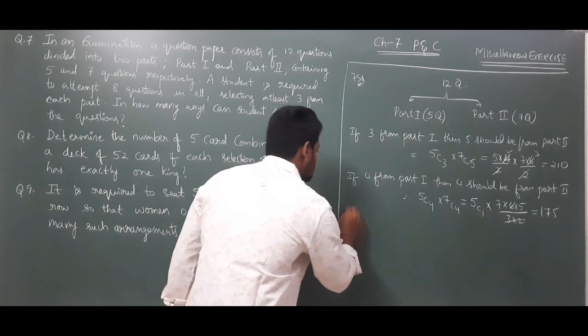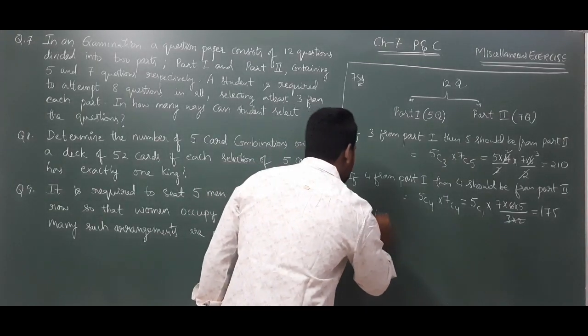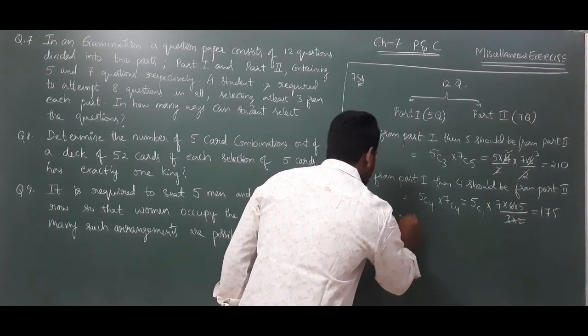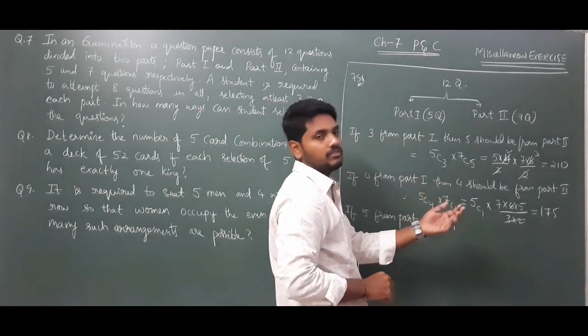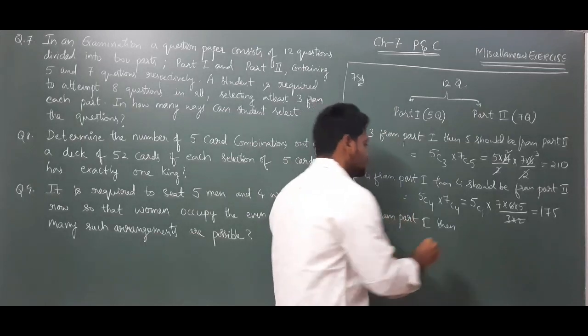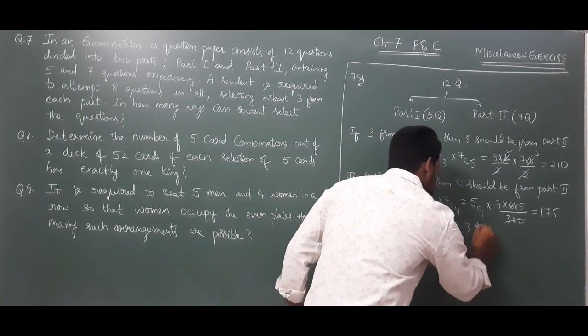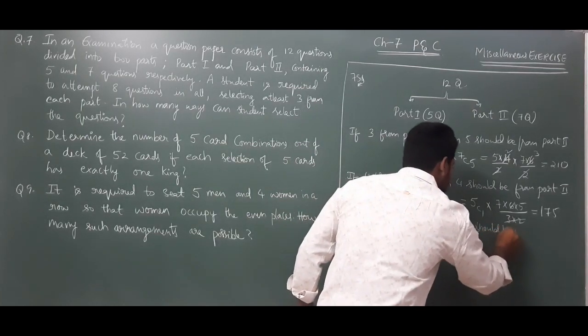Next case is if 5 from part 1, then how many do we need to take from part 2? Total should be 8, so 3 should be from part 2.